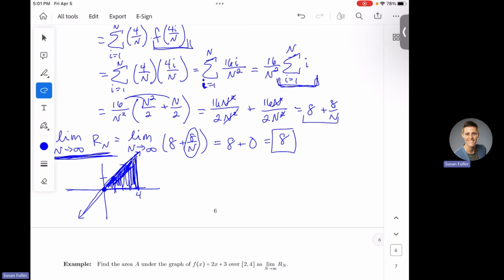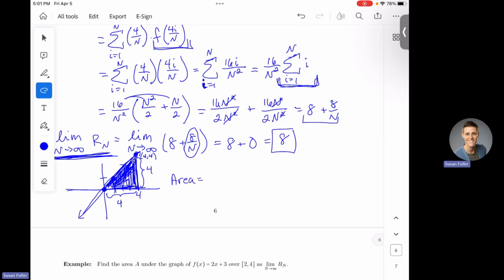And this is an area that I know how to find. This is a triangle. I have geometry to find the area of a triangle. This side of my triangle has a length of 4 because I go from 0 to 4. And y equals x, so this point here is (4, 4), which means the height of this triangle is also 4. All right, let's see how your geometry is.